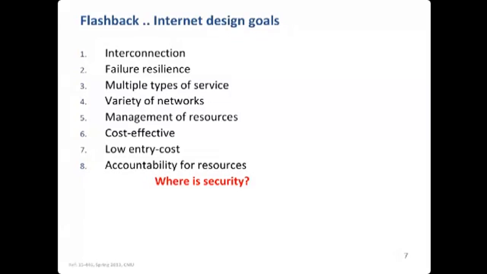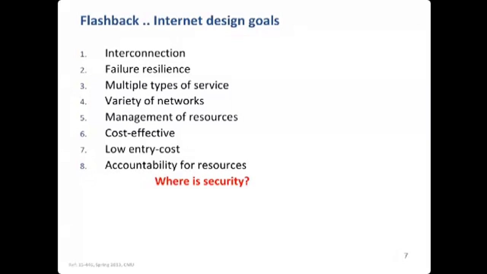I mean, like even the people who are earning as less as 10,000 rupees a month are using internet. So it's not the facilities given that's available only to rich people. Okay, and it does accountability of resources. So all these 8 points are basically design goals of internet.